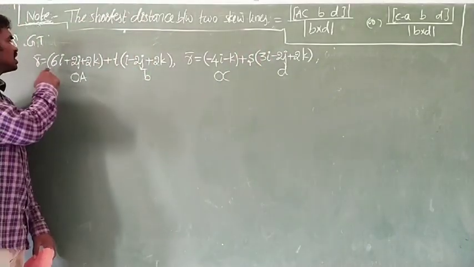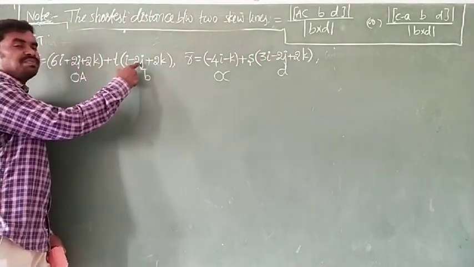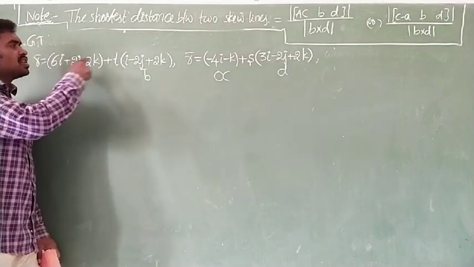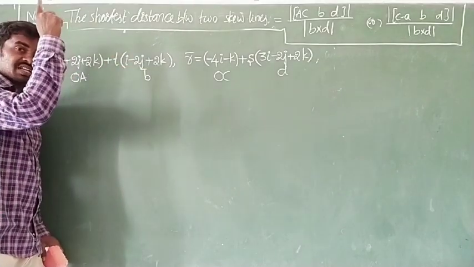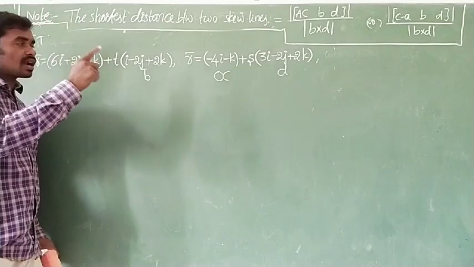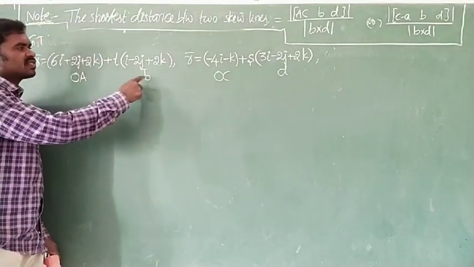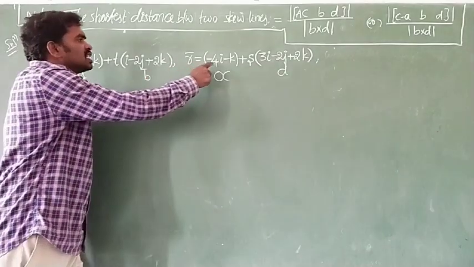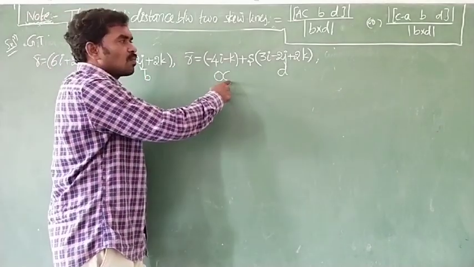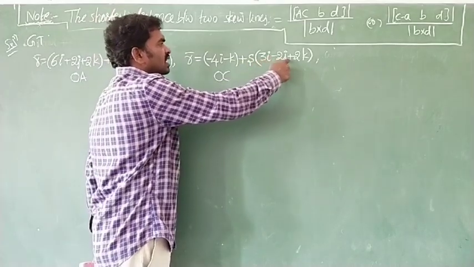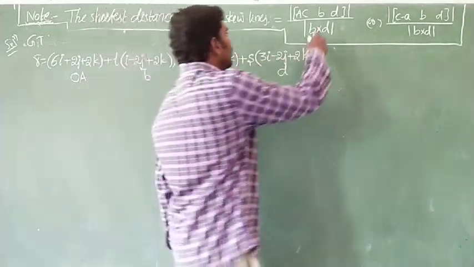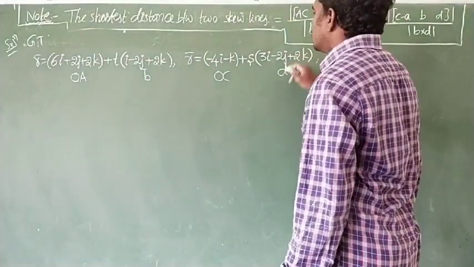Because this is the form r equal to a plus tb, meaning a point and a parallel vector. You just remember: the first one is taken as the point OA, the second one as vector b directly. In the second line, the first one is taken as the point OC, and the second vector is taken as small d.